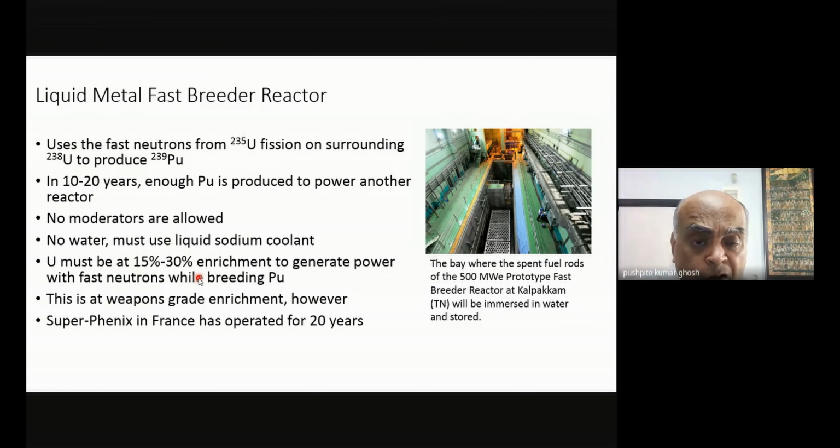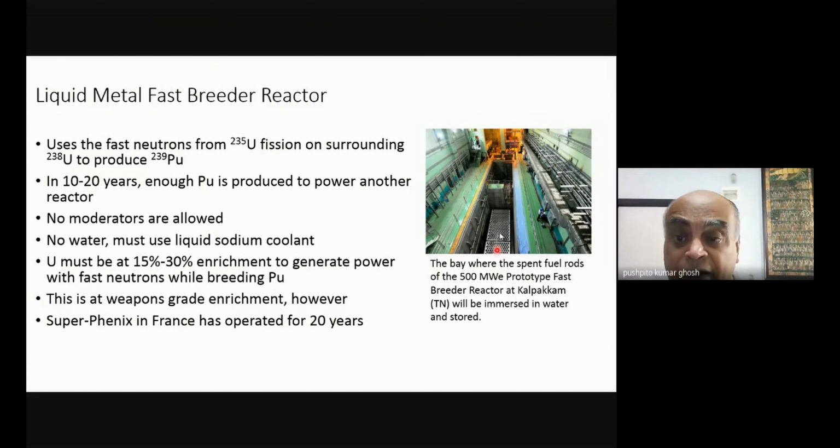So there is always a worry that people might use it to make nuclear weapons. So there is a lot of fear behind using this fast breeder technology, and the people who have been doing it quite effectively up till now are in France. France has been operating fast breeder reactors and generating some of their power.